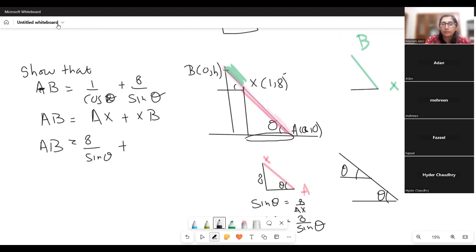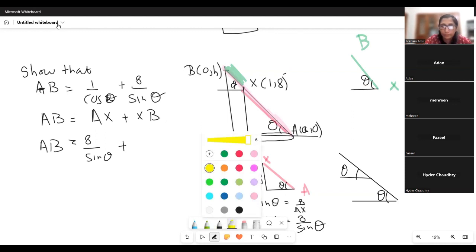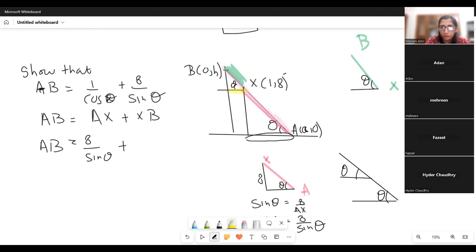And this distance from origin to X is 1. And we need to find XB, so I'm going to use cos.